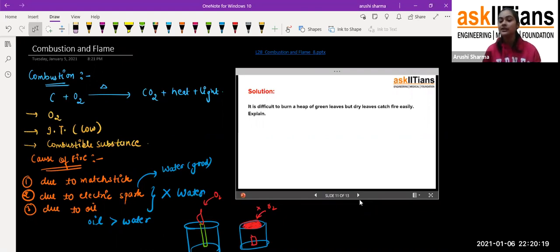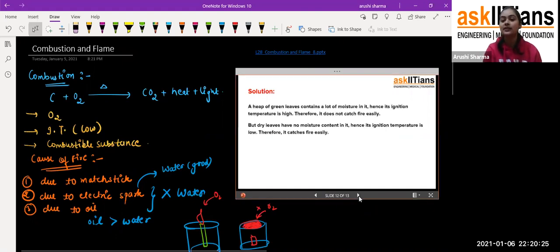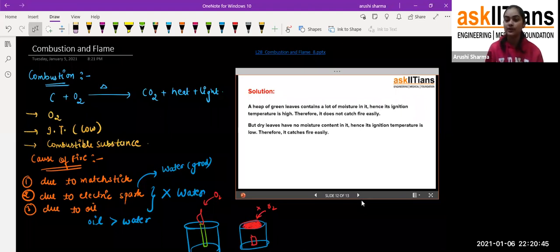Now it is difficult to burn a heap of green leaves, but dry leaves catch fire easily. So what's the reason behind it? Anyone? If the heap of leaves is there and some of them are wet and some are dry, which one catches fire easily?